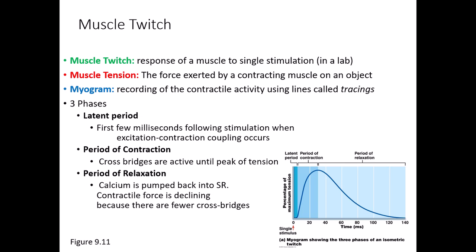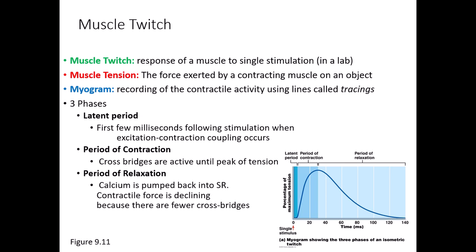The period of relaxation, notice it begins right at the peak where our max tension has occurred during contraction, and then it continues all the way until that line decreases and reaches back down to 0 tension. And so the period of relaxation is occurring as calcium is being pumped back into the sarcoplasmic reticulum. Remember, that's where the calcium is stored.